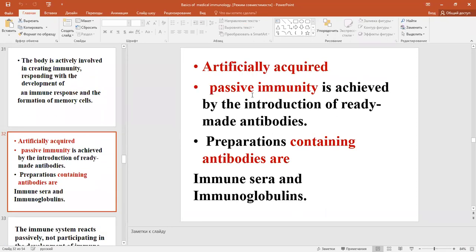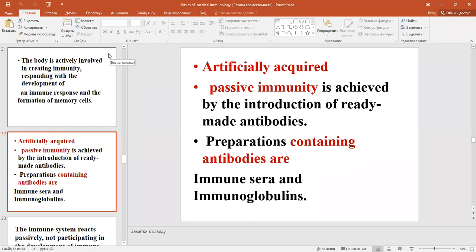Then, what does artificially acquired passive immunity mean? In this case, it is achieved by the introduction of ready-made antibodies. Preparations containing antibodies are named immune sera and immunoglobulins. So in this case, the patient will get an injection of preparations that consist of ready antibodies, and again, the immune system is still passive.